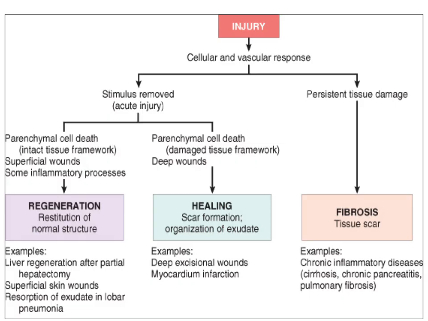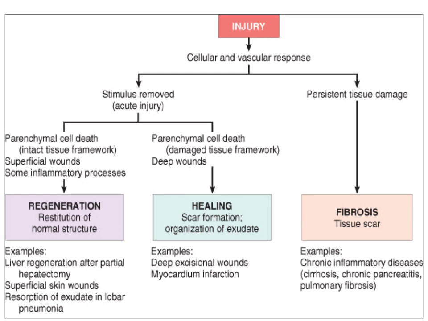Now, this diagram shows us the different scenarios that can result after inflammation. If the stimulus causing the inflammation is removed and the tissue framework, or the stroma, is intact, then the stroma will provide the framework for the complete replacement of the cells that were lost, and this is called regeneration.